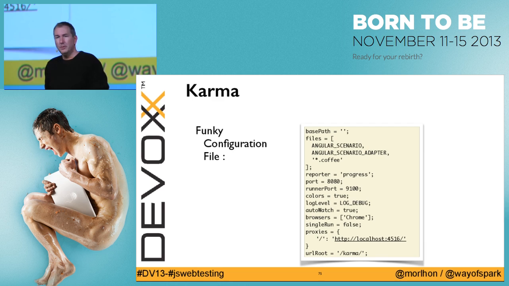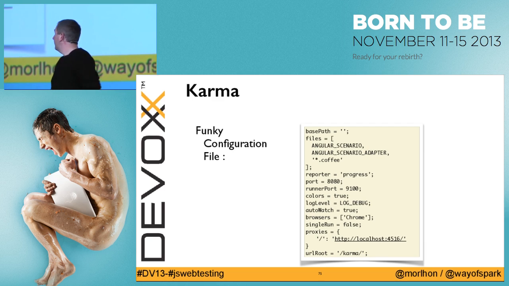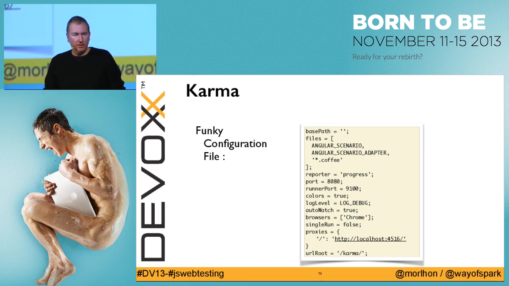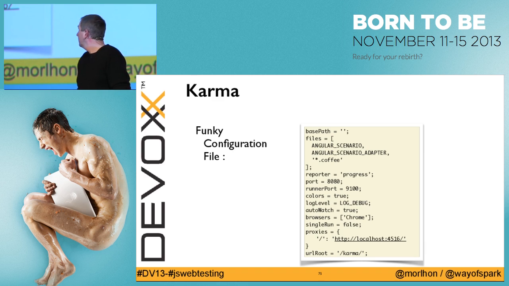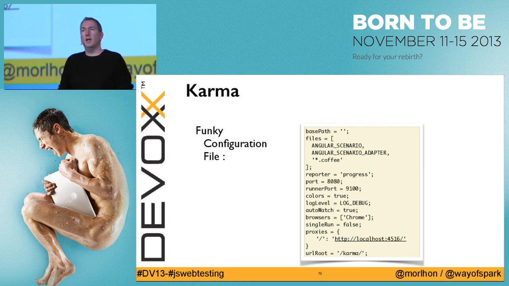But you have to say Karma is going to run on this port, and the application is running on another one. So, well, you have to do all this stuff. Take care of the different paths. It's not that obvious. And you see here there's a line with browsers, and it's actually a JavaScript array containing only the word Chrome, and you can change this and add the browser of your choice, or add many of them, like Chrome, Opera, etc.